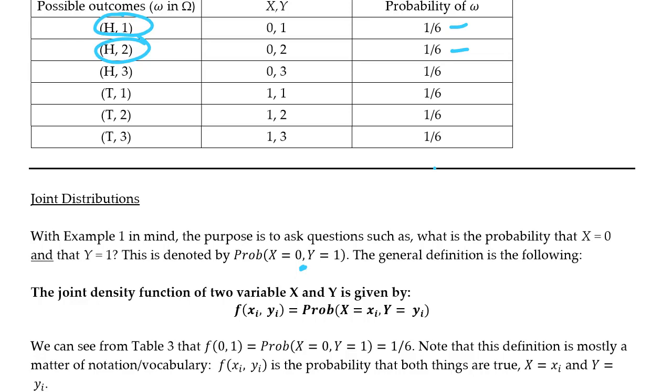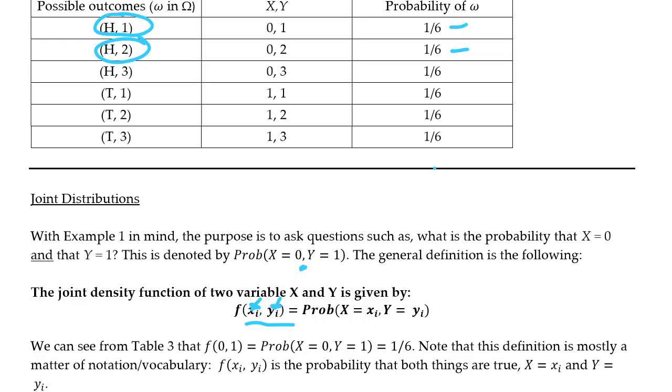On the other hand, another way to denote the same thing is the following, f of x_i, y. So when I denote it like that, I call it the joint density function. And what I mean is, I want my x to be whatever number I have here, and I want my y to be whatever number I have here.